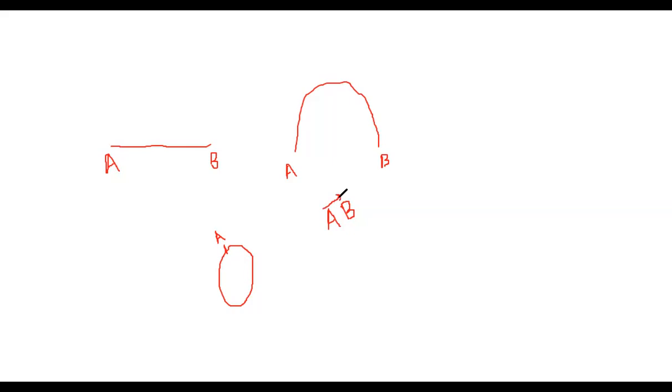This is A to B, and this vector is also A to B. It is the separation from one point to another point in a specific direction. What is the direction? It is A to B.